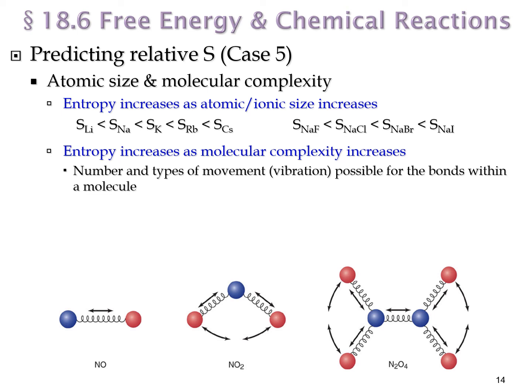Remember, N2O4 is a planar molecule, so we can also have a motion that is not within the plane. So as we increase the complexity of the molecules, we definitely introduce more types of movement for the bonds within the molecule. That definitely increases the entropy, because complexity is a word for entropy.